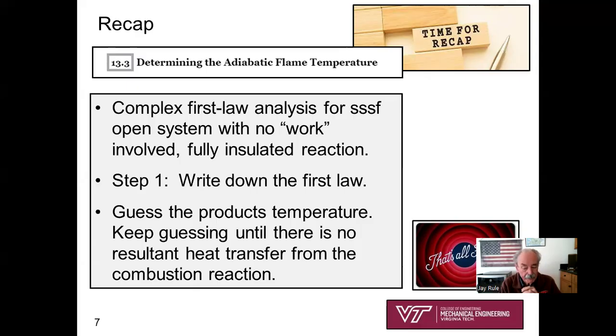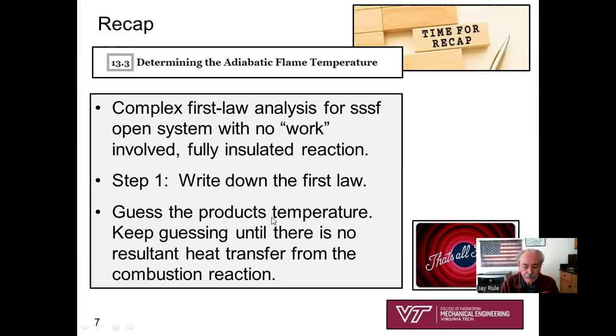Certainly, on a test or an exam, understanding the meaning of the adiabatic flame temperature could be covered, right? Because step one, it's based on the first law of thermodynamics and energy balance. So that could be good to know what's behind the adiabatic flame temperature.